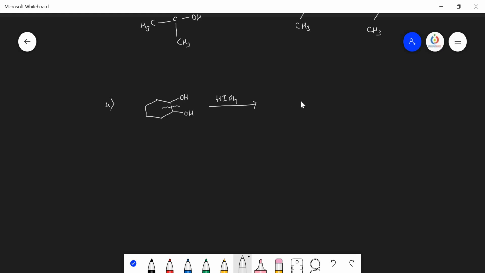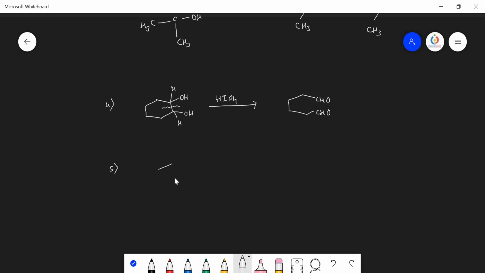It will break the bond here. Here hydrogen is present, and here also hydrogen is present. So this shall be converted to the aldehyde, and this also shall be converted to the aldehyde: a CHO group, and it is also a CHO group.